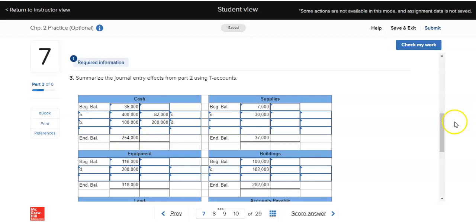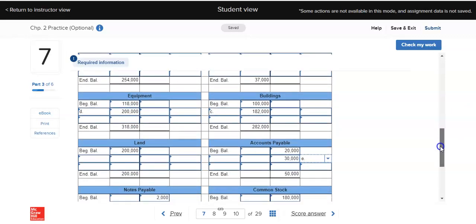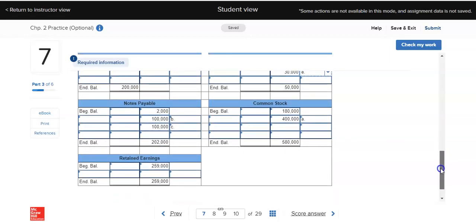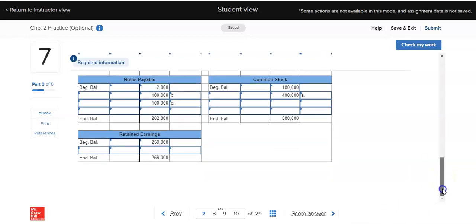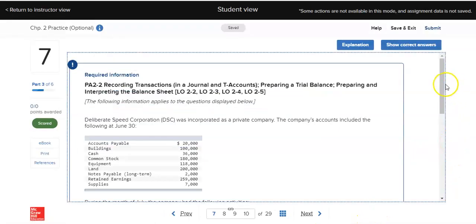If the account has entries on only one side, like supplies or buildings or equipment, land, accounts payable, notes payable, common stock, and retained earnings, the amounts are just kept on that side, added down, and the balance is put on that one side. Okay, our next step, at the end of the month, after we've done all our analyzing, journalizing, and posting, is to prepare a trial balance.